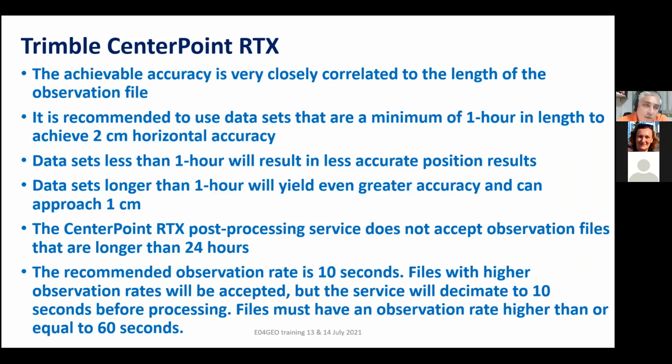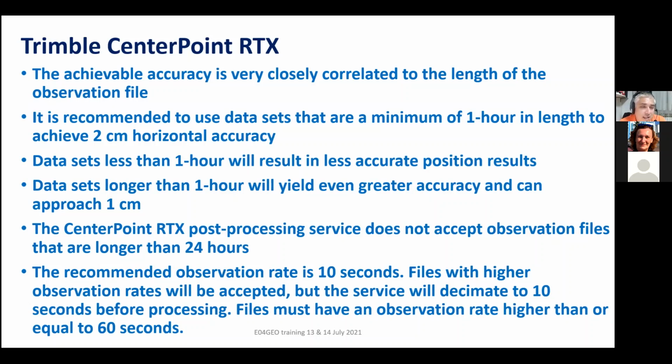So, as you have seen, the achievable accuracy is very closely correlated to the length of the observation file. It is recommended to use data sets that are a minimum of 1 hour in length to achieve 2 centimeter horizontal accuracy.